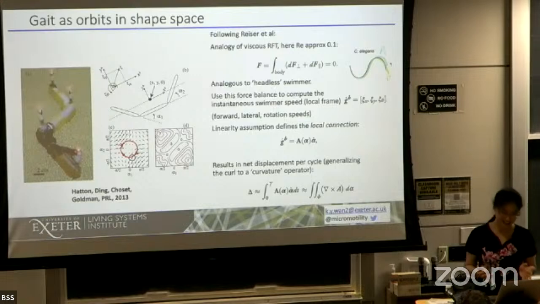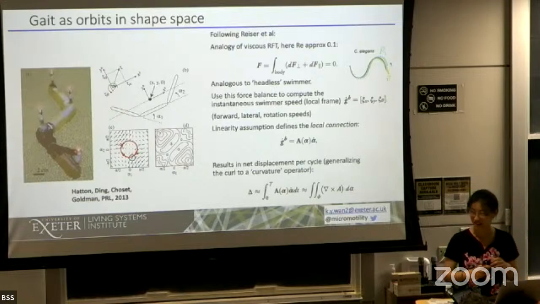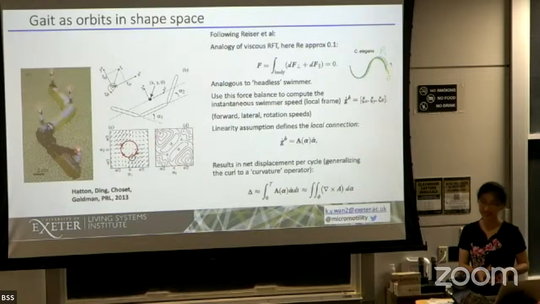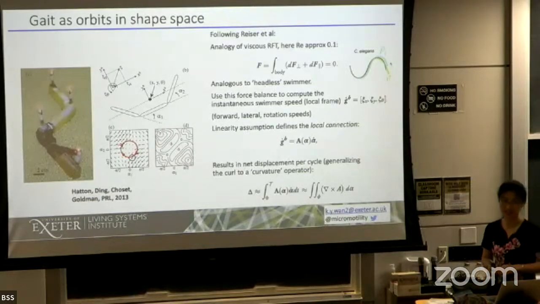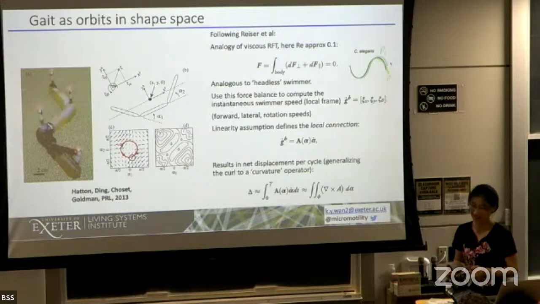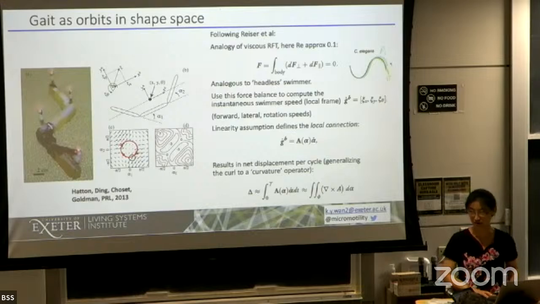For any given shape or given gait, where the gait is defined as a particular sequence of shape changes, is there an optimal gait that allows for the best or the furthest displacement per cycle? This is, again, very useful, particularly in robotics, but you can equally well use this analysis to understand how organisms of all scales locomote through various media.